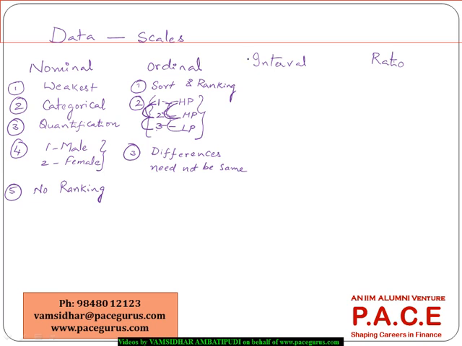But when I look at data which is in an interval scale, it provides ranking just like the ordinal scale. It also makes sure that the differences between the ranks are equal.